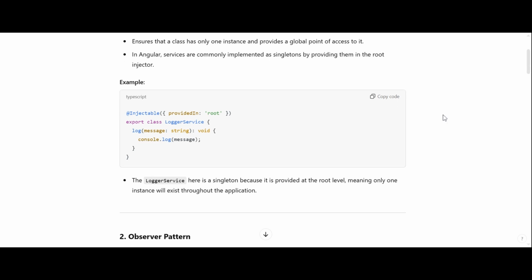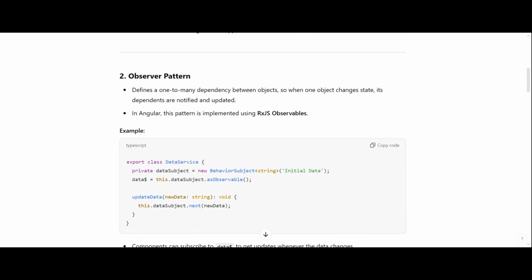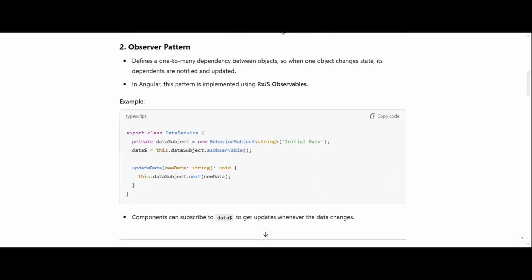So next is observer pattern. This pattern allows one-to-many dependency where objects get notified whenever the state changes. In Angular, we implement this pattern using RxJS observables.